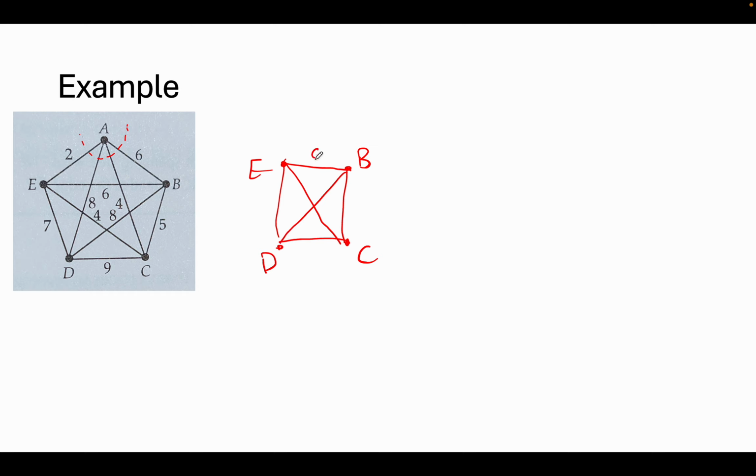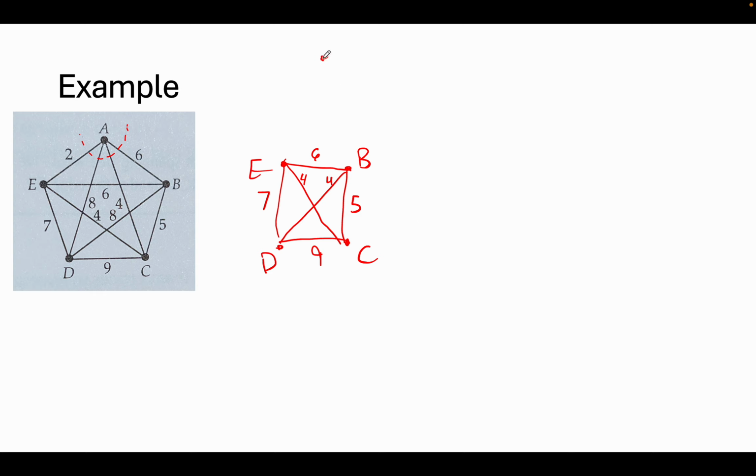So E to B is 6, B to C is 5, D to C is 9, D to E is 7, E to C is 4, B to D is also 4, and I think we've got that.